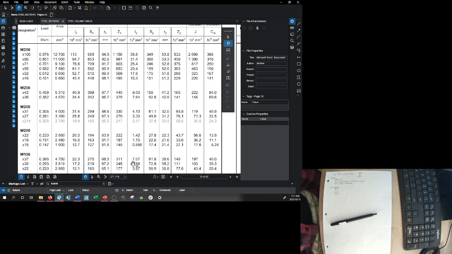And then we are worried about buckling in the weak axis. Remember, it's trying to buckle in the weak axis, not the strong axis. So we need I_Y, which is 7.07 times 10 to the 6 millimeters to the 4th, and R_Y, which is 38.6 millimeters.